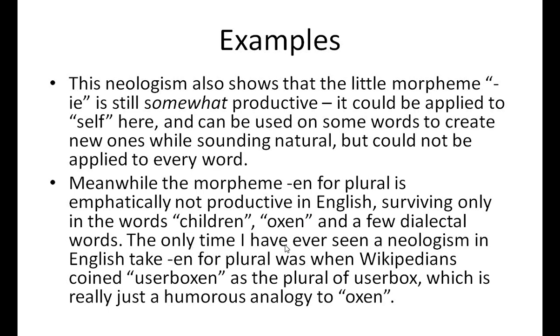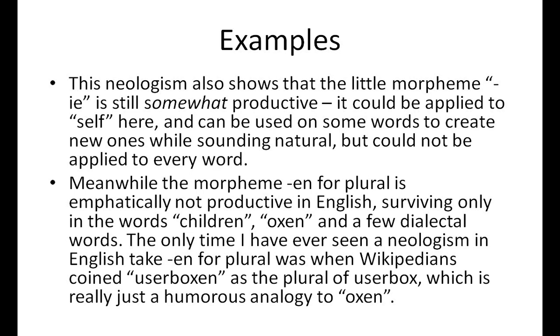Okay, this "-en" survived only in children, oxen, and a few dialectal words. The only time I have ever seen a neologism in English take "-en" for plural was when Wikipedians coined "userboxen" as the plural of "userbox", which is really just a humorous analogy to oxen. Normally, we do not say "boxen". Rather, there is a plural of ox, that is oxen.